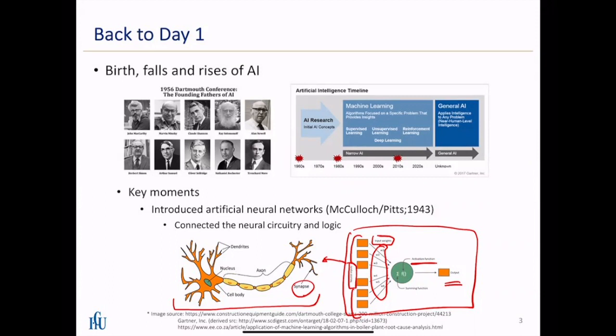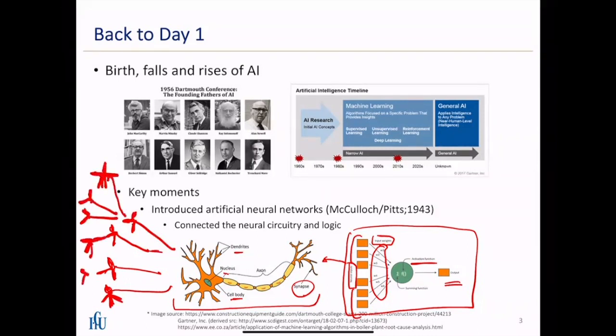On one side, you have a similar structure like this, where there are a nucleus, some dendrites, a cell body and an axon, and similar structures are placed here, here, and here. And that is again interconnected with other similar structures.